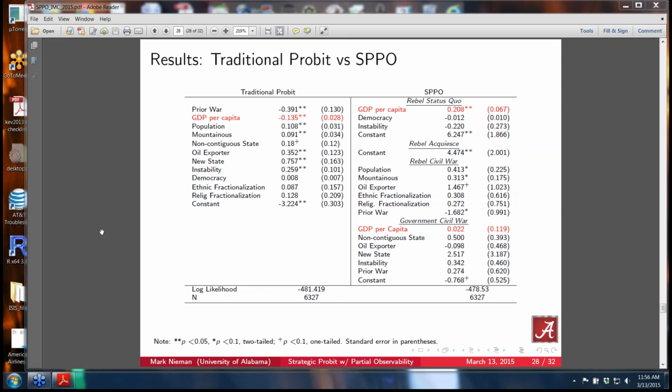But that's the same problem that we would run into in having a strategic model in general. Right now, with that strategic model, we would just ignore the structure of the game altogether because we can't estimate those stages with missing data at the node. So at least now we're trying to gain some leverage on that.